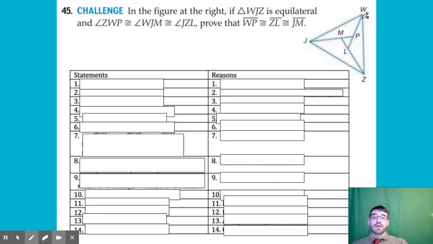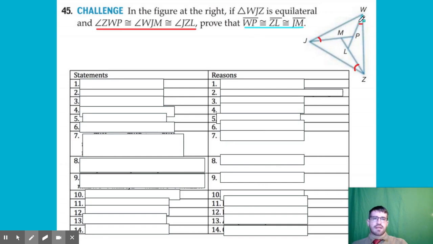So we're given that WJZ is an equilateral triangle. That ZWP, this angle here, WJM, this angle here, and JZL are all congruent. And we're trying to prove, I'm going to mark it in red, that these are congruent.